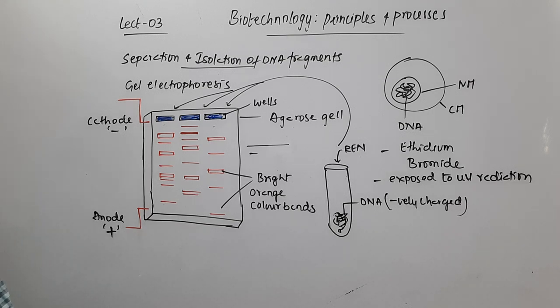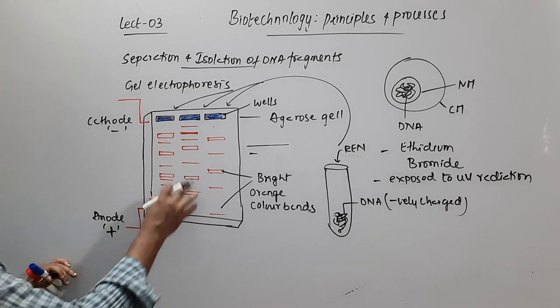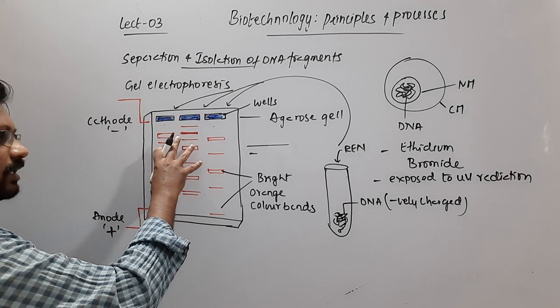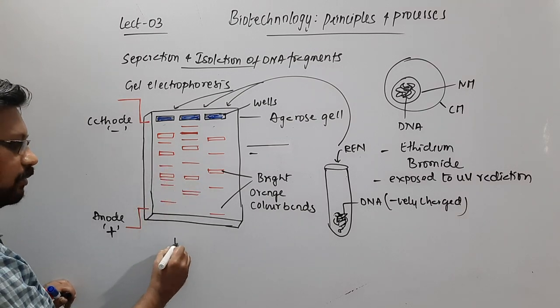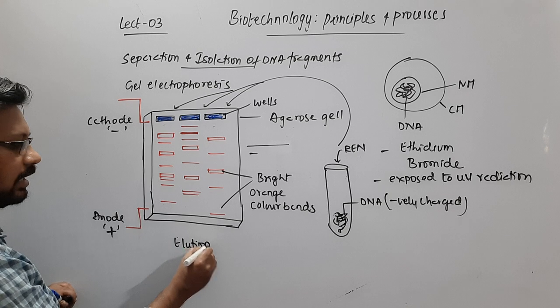Now these bands will be cut out from this agarose gel. Removing the bands from this agarose gel is a process called elution.